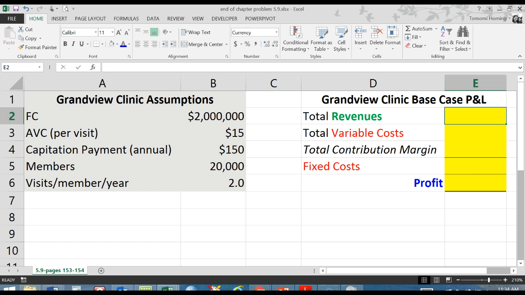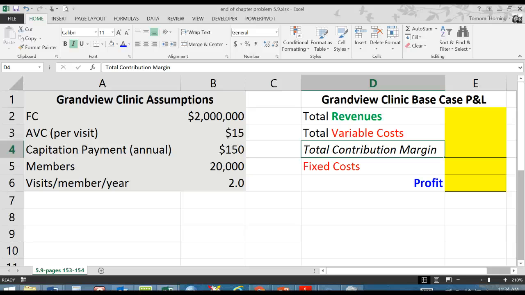So a base case P&L is fairly straightforward in terms of its layout. You're always going to have revenues, you're always going to have costs, and you're always going to have a profit. In this case, the base case P&L is also going to include a total contribution margin line, which is just your revenues less your variable costs.